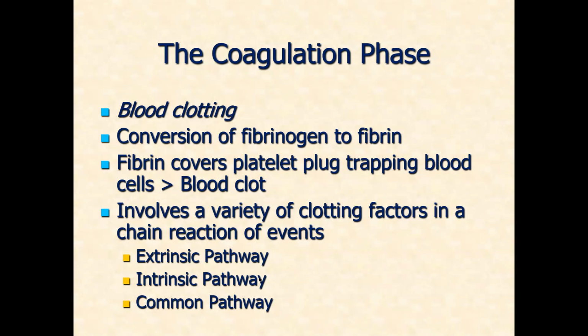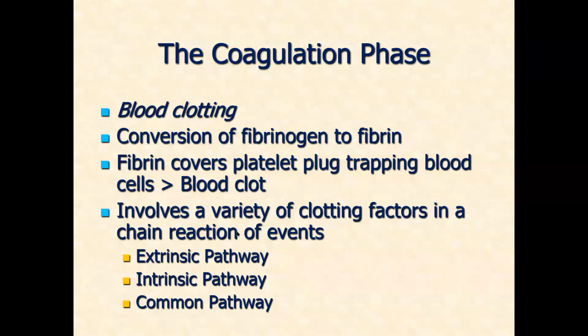All right. So in order for this clot formation to occur, you essentially have to convert fibrinogen to fibrin. Remember, fibrinogen is the inactive form of fibrin, and it is soluble in plasma. So this stuff is already dissolved in the blood. It just has to be converted to fibrin in order to work properly.